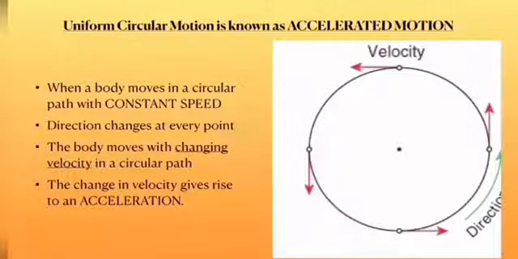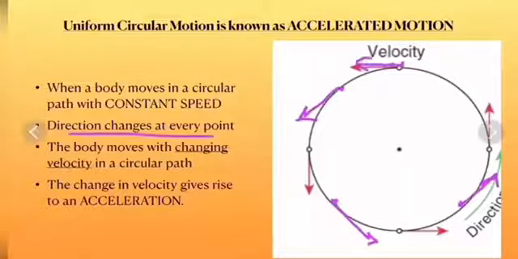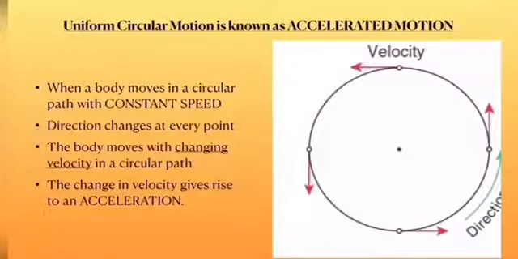So, the body moves with changing velocity in a circular path, and whenever there is change in velocity, it will give rise to a new quantity which is called acceleration. So that's why uniform circular motion is known as accelerated motion, because in this motion, speed remains constant, velocity changes at every point, and because of the change in velocity with respect to time, it gives rise to acceleration.